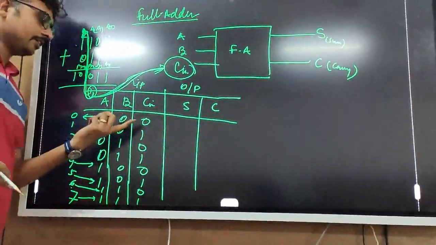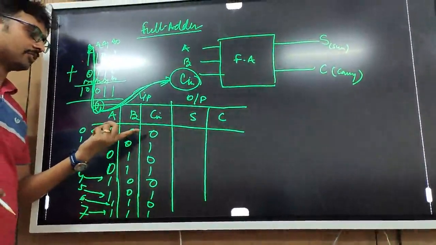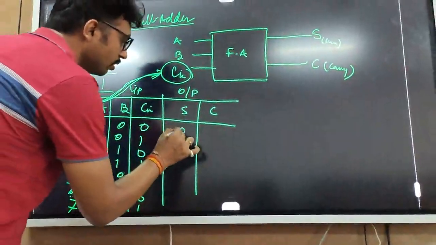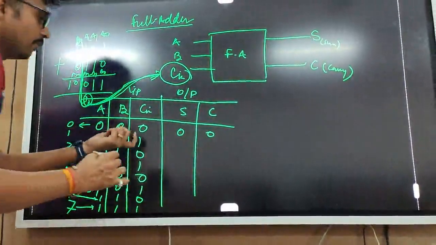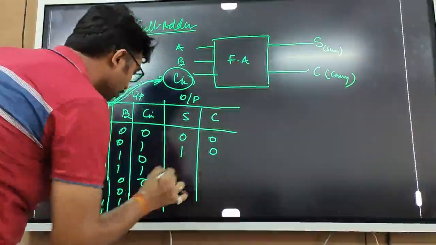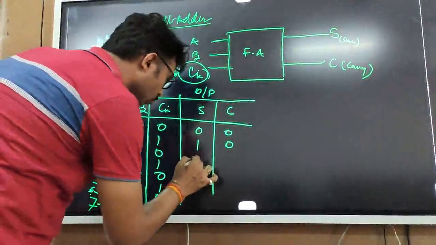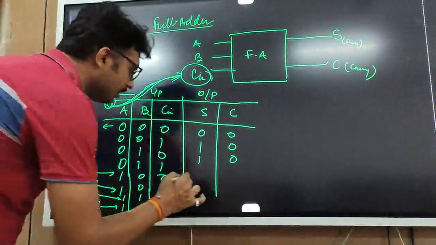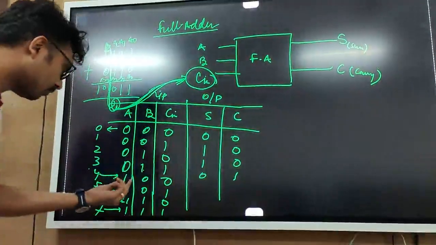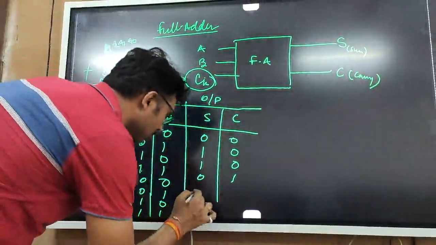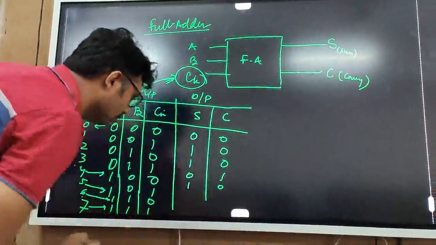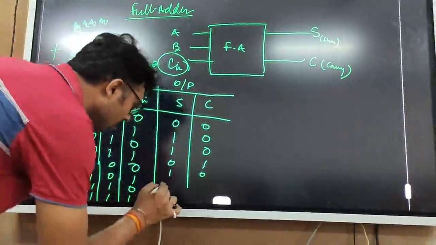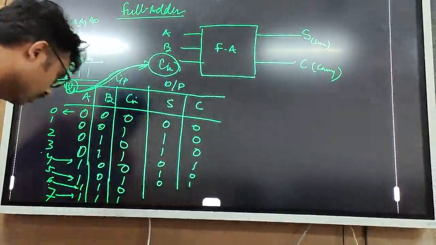So if we take this input combination, 0, 0, 0, what will be the sum? 0 plus 0 plus 0 is 0, carry is 0. 0 plus 0 plus 1 is 1, carry is 0. 0 plus 1 plus 0 is 1, carry is 0. 0 plus 1 is 1, 1 plus 1 is 0, carry is 1. 1 plus 0 plus 0 is 1, carry is 0. Similarly, 1 plus 0 plus 1 is 0, carry 1.